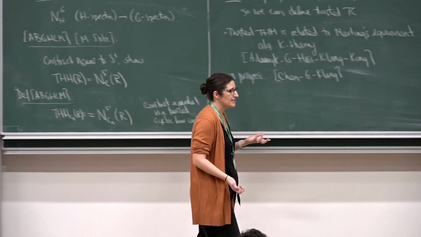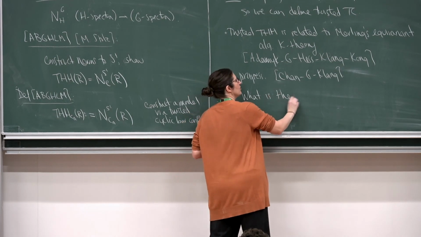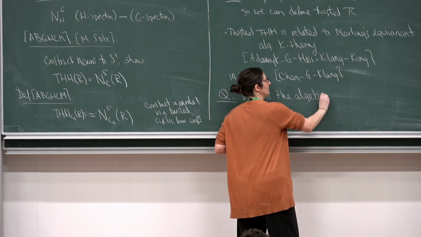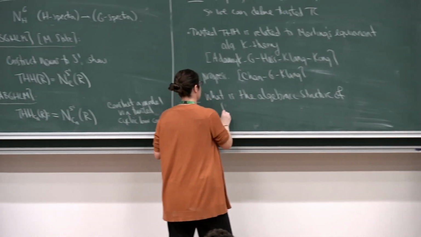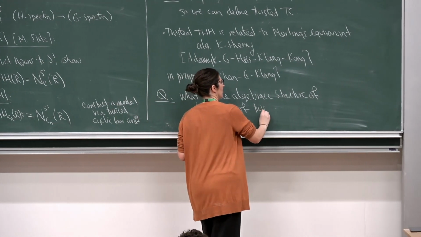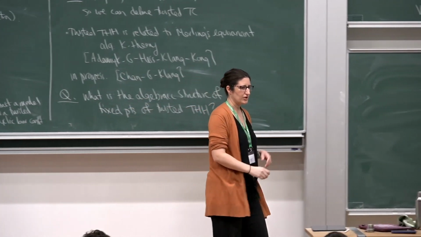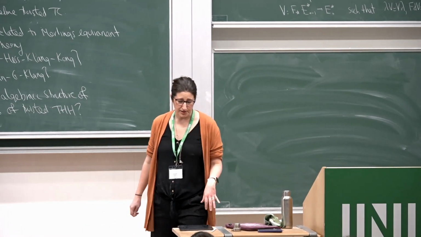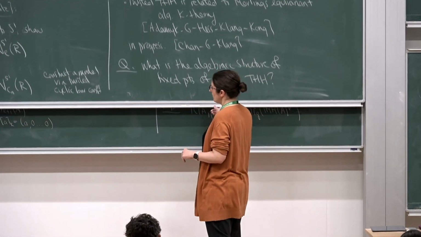And so I'd like to ask the same question: what is the algebraic structure of fixed points of twisted THH? I want to bring that question to this new setting and see what we can figure out.